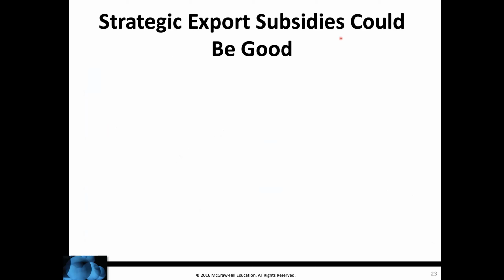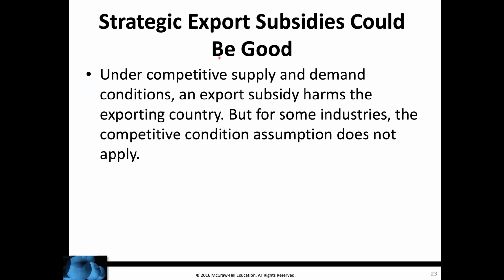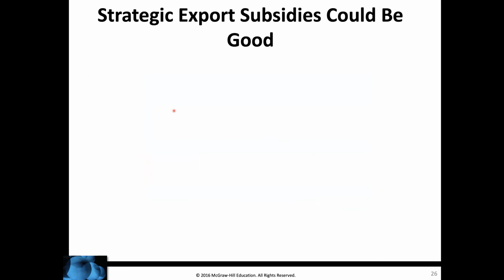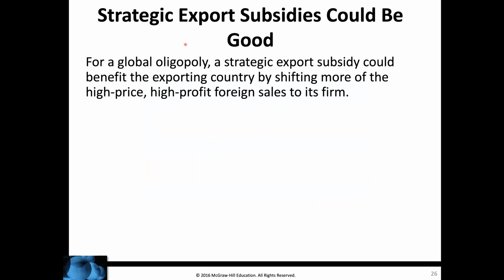So strategic export subsidies could be good under competitive supply and demand conditions. An export subsidy harms the exporting country, but for some industries, the competitive condition assumption does not apply. More on whether or not strategic export subsidies could be good.